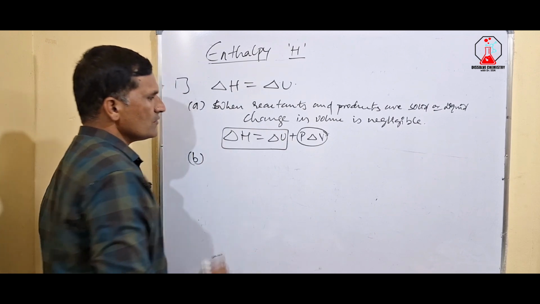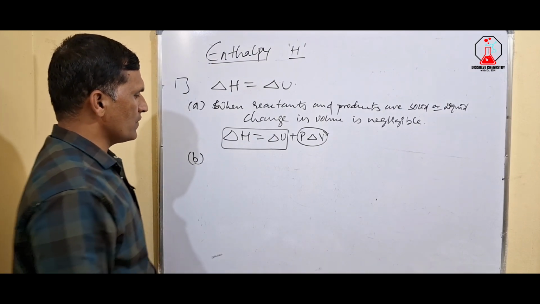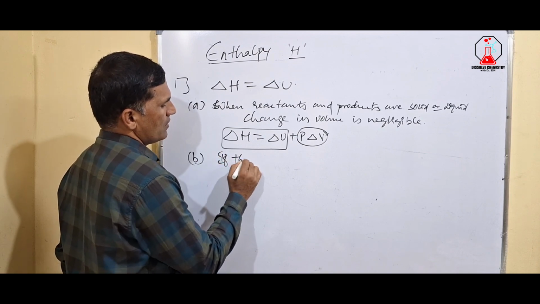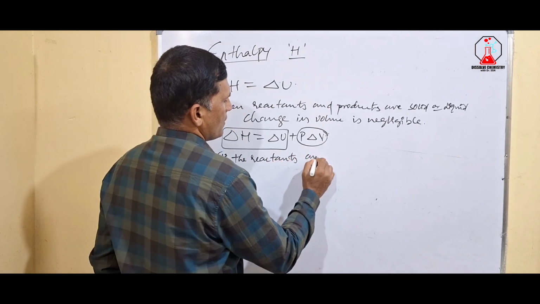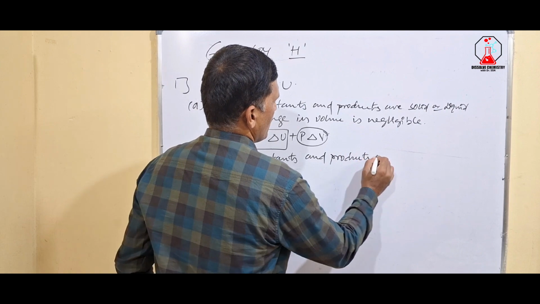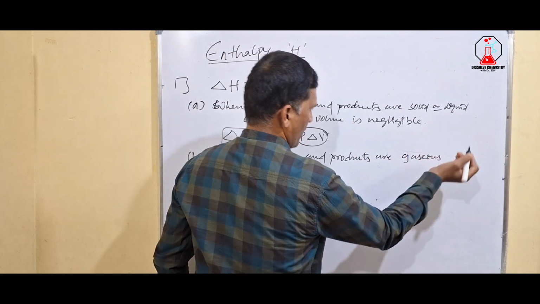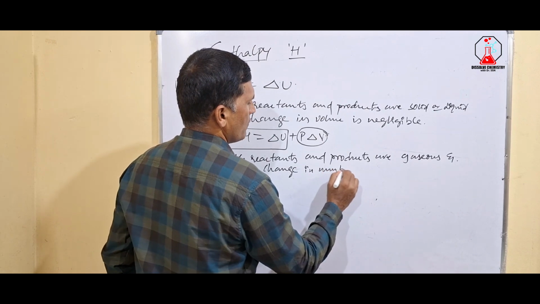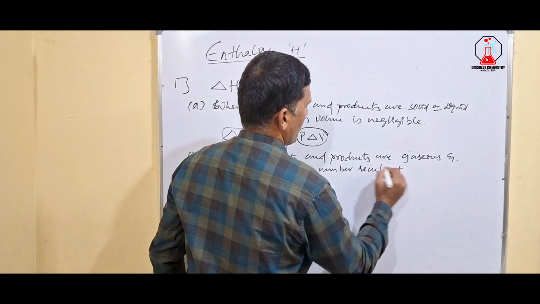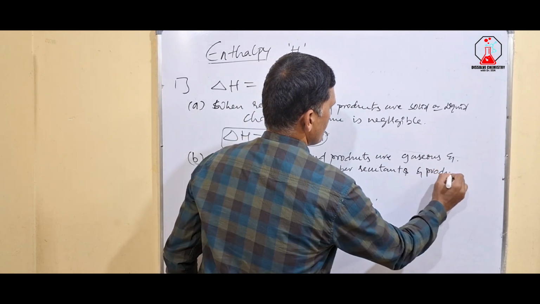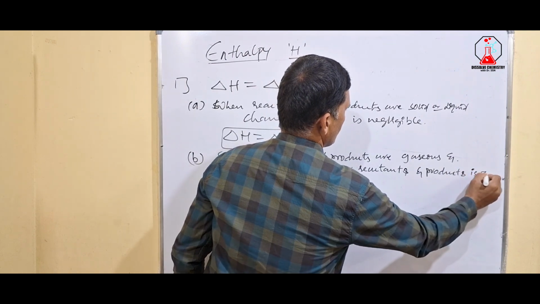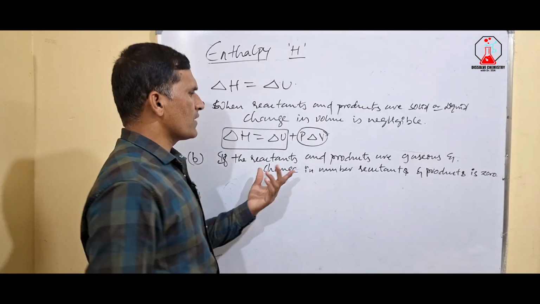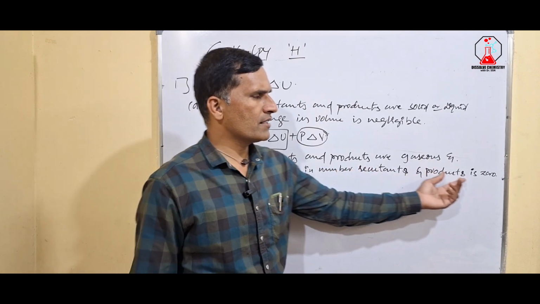Next we will see when this delta H becomes equal to delta U. Suppose the reactants and products are gaseous, and the change in number of moles of reactants and products is 0, then also delta H becomes equal to delta U. We will consider a very simple example for change in number of moles being 0.